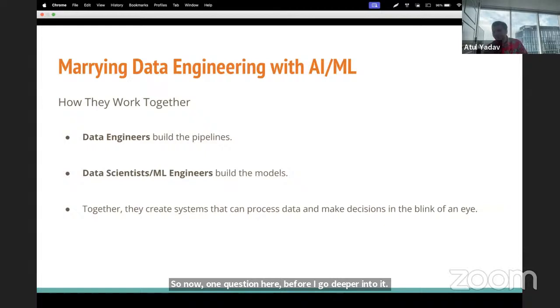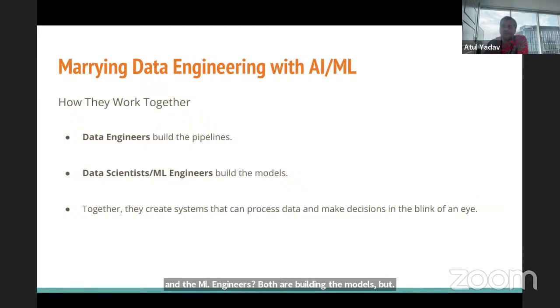Both are building the models, but what is the difference? They drive conclusions, need good communication skills.